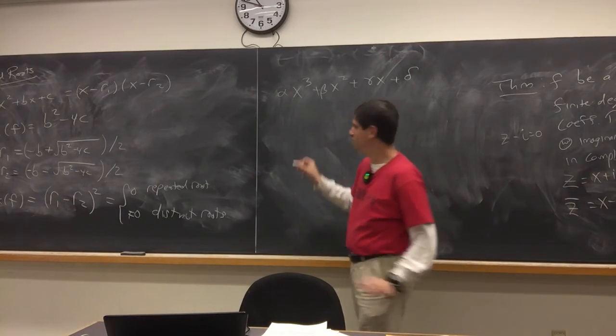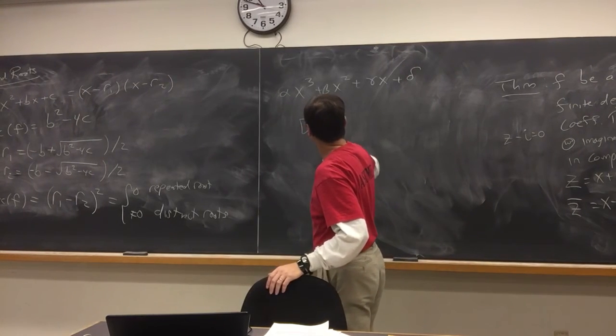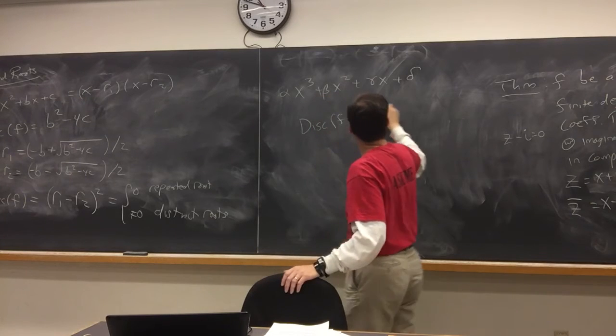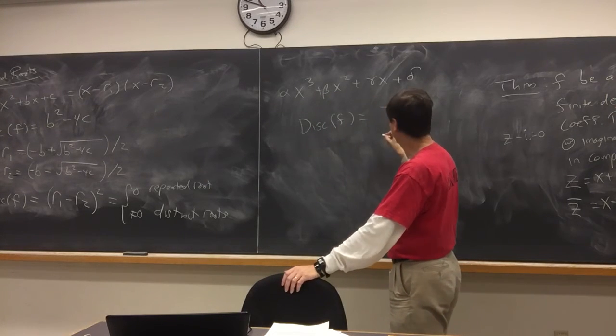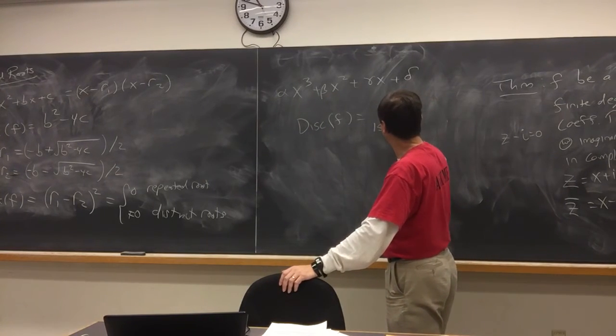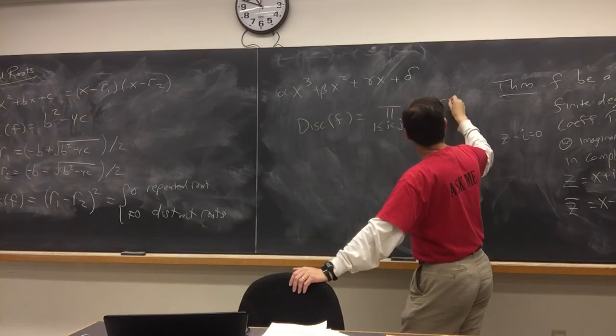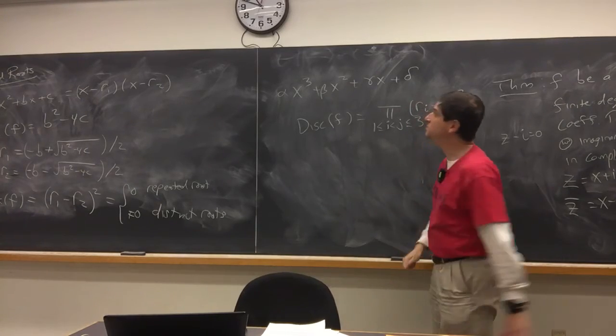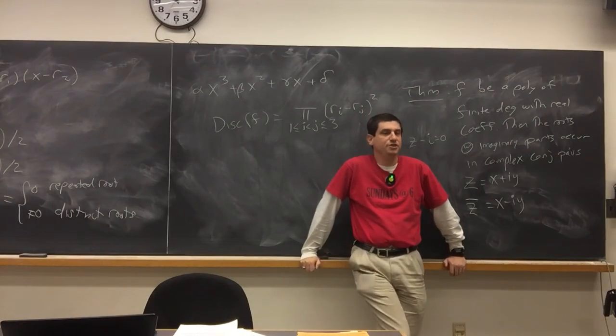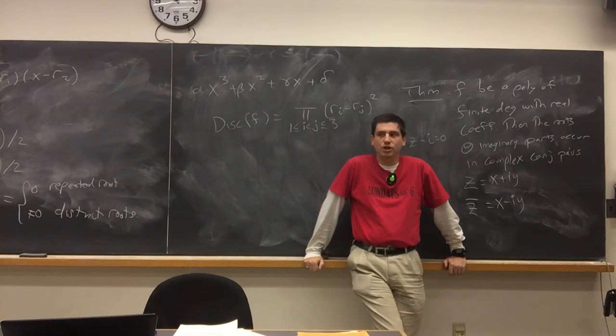And you would then have a discriminant, maybe, a product over 1 less than or equal to i less than j less than or equal to 3 of (Ri minus Rj) squared. This seems a really good definition of a discriminant. Look at all pairs of roots, take the differences and square.